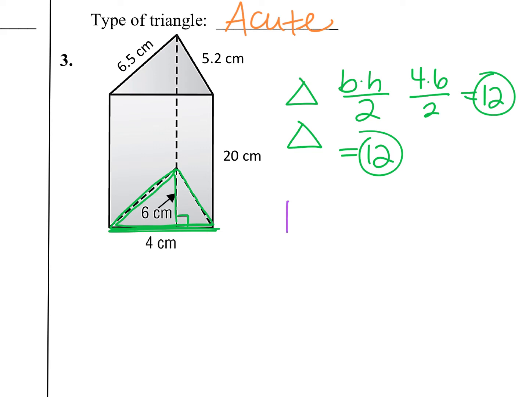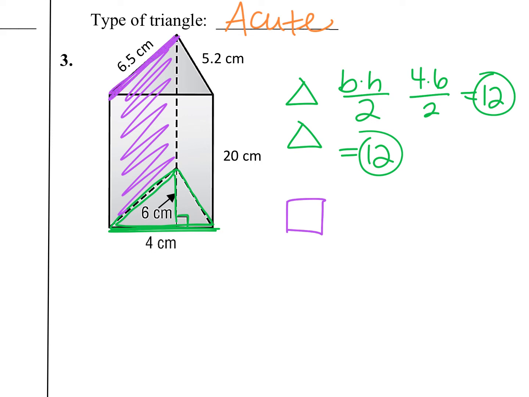And then I have 3 rectangles. My first rectangle, and it doesn't matter which one you start with, I'm going to go with this side back here. So I see it's 6.5 times the height, 20. So 6.5 times 20.